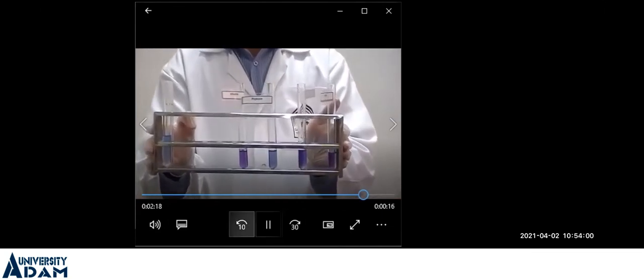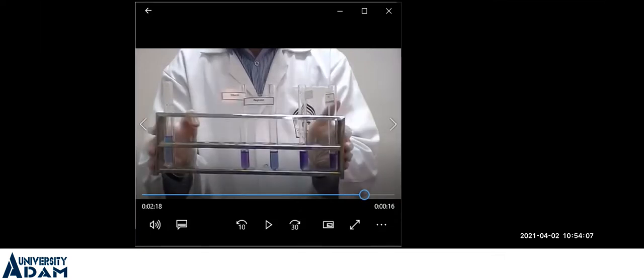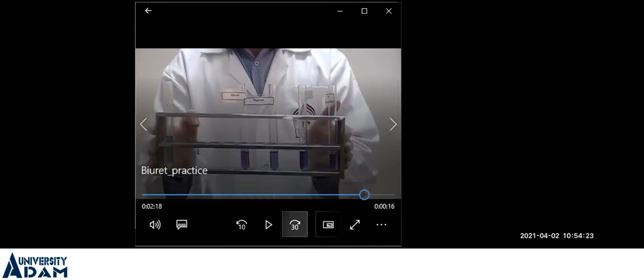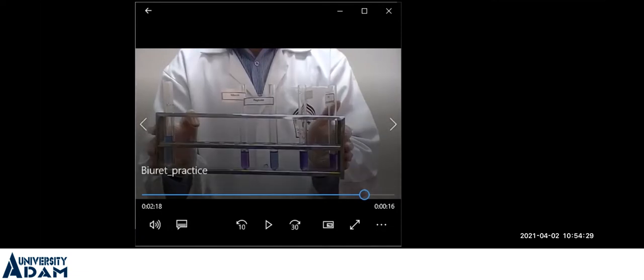Okay, we will stop at this point. It will be connected with, for example, the result and some positive and negative results you can see here.